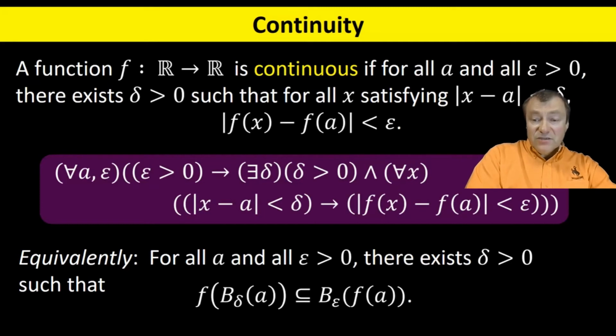To say that f is continuous means that for every point A in the domain and every positive epsilon, there's a positive delta such that f maps an open ball of radius delta centered at A into the ball of radius epsilon centered at f of A. In other words, if you take any positive epsilon at any point A in the domain, there's a small ball around A whose image under f is contained in the epsilon ball around f of A. Points close to A get mapped to points close to f of A.